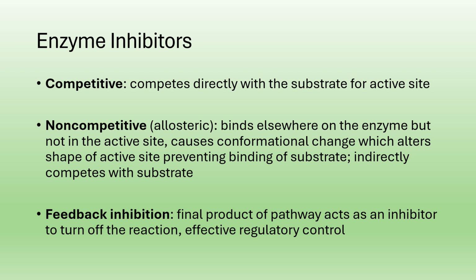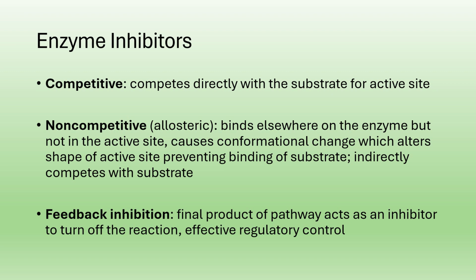Now, a non-competitive inhibitor is going to compete indirectly because it's not going to bind at the active site. It's going to bind somewhere else on the enzyme. But remember just a bit ago I said whenever you have two things bind, you're always going to see a shape change occurring.